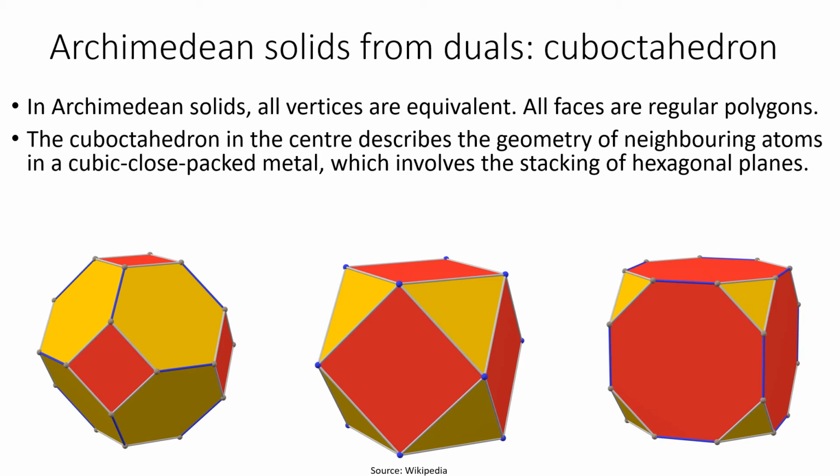But what's nice about the way we look at it on the screen is that when you look at the truncated octahedron on the left-hand side, from which we make the cuboctahedron, there you can see the hexagons are evident. And so those hexagons, you can think of them as relating to the close-packed atoms.